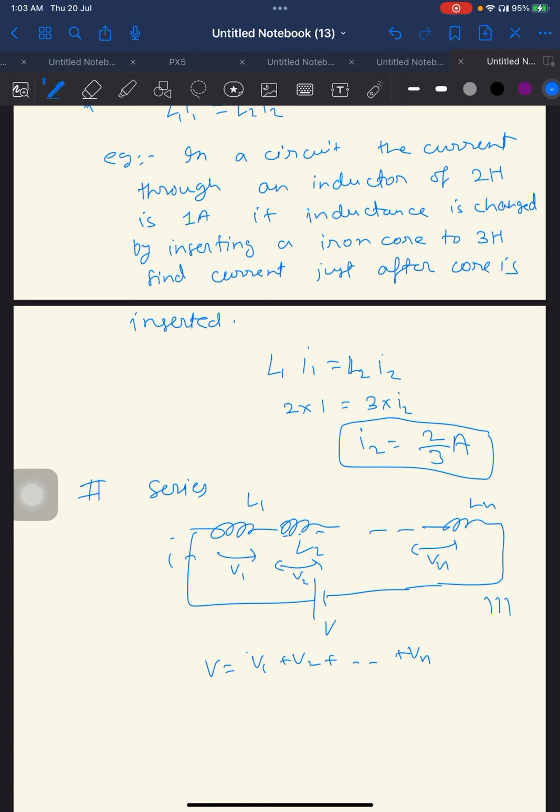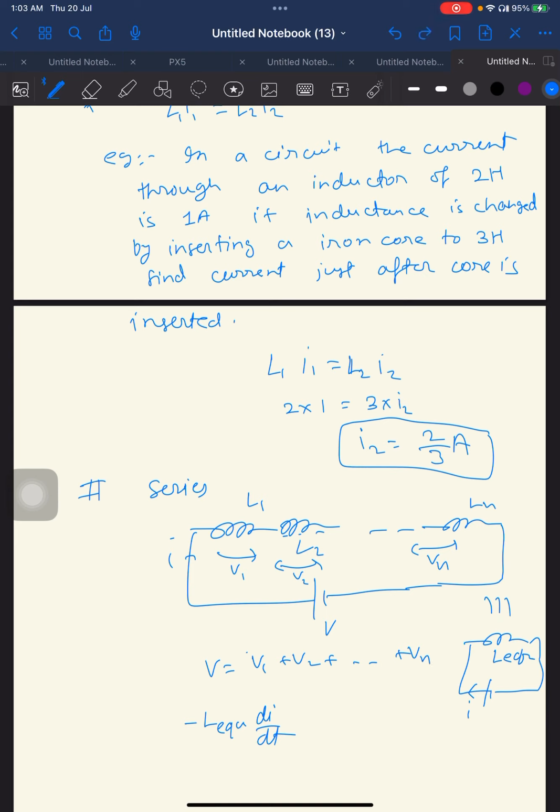Instead of all of this, if you take a single inductor of L equivalent, which will draw the same current I, we can write V equal to minus L equivalent di by dt for this equivalent inductor.